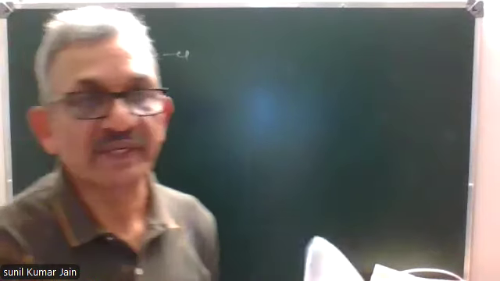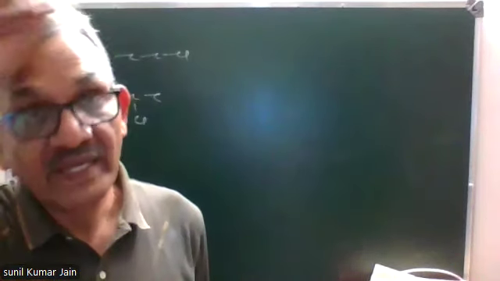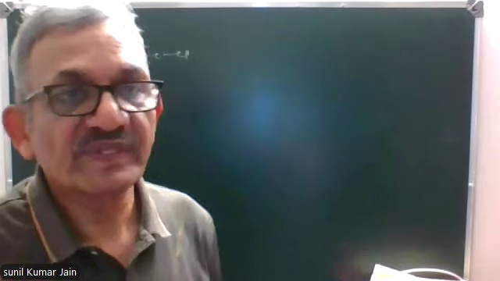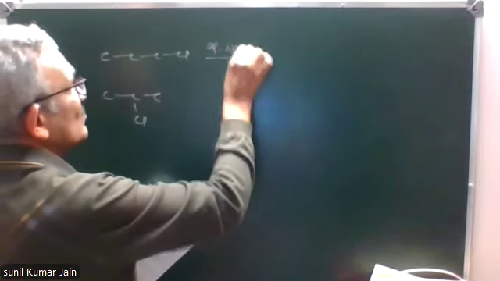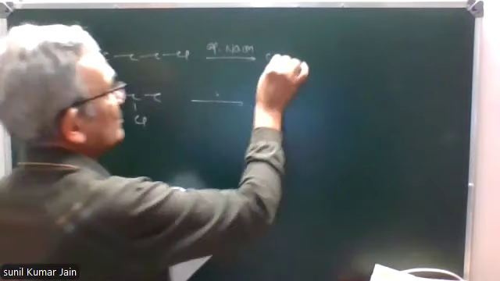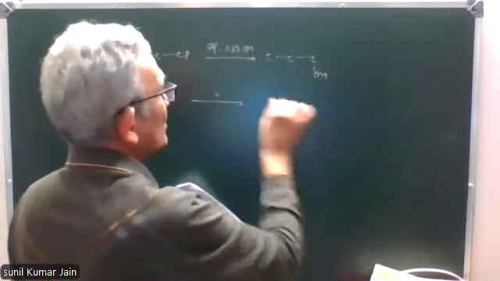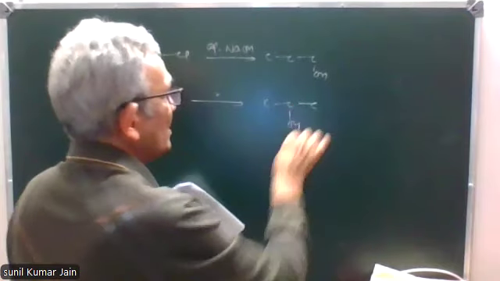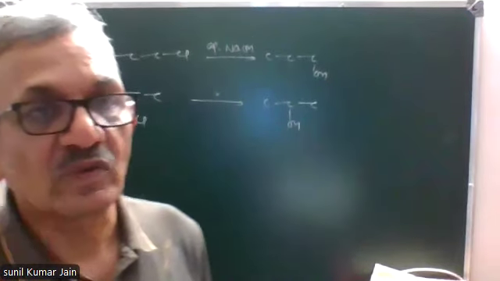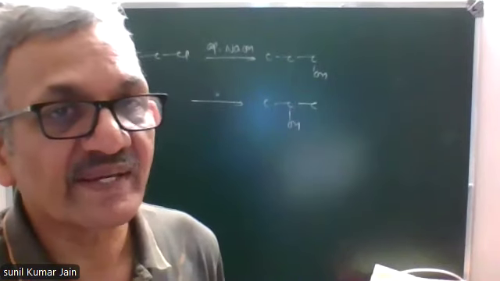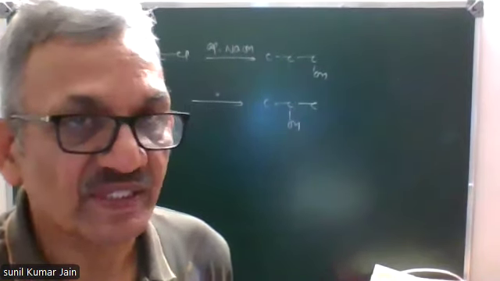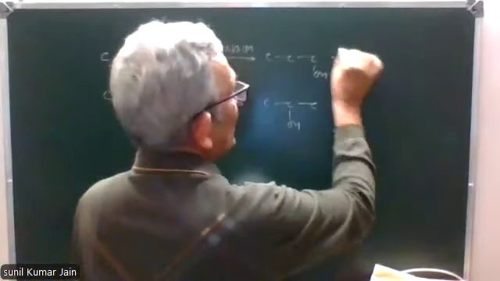React both the compounds with aqueous NaOH. In both the cases, we'll get alcohol, 1-propanol and 2-propanol. Now, 2-propanol has the required group for the iodoform test. Now we'll perform the iodoform test.